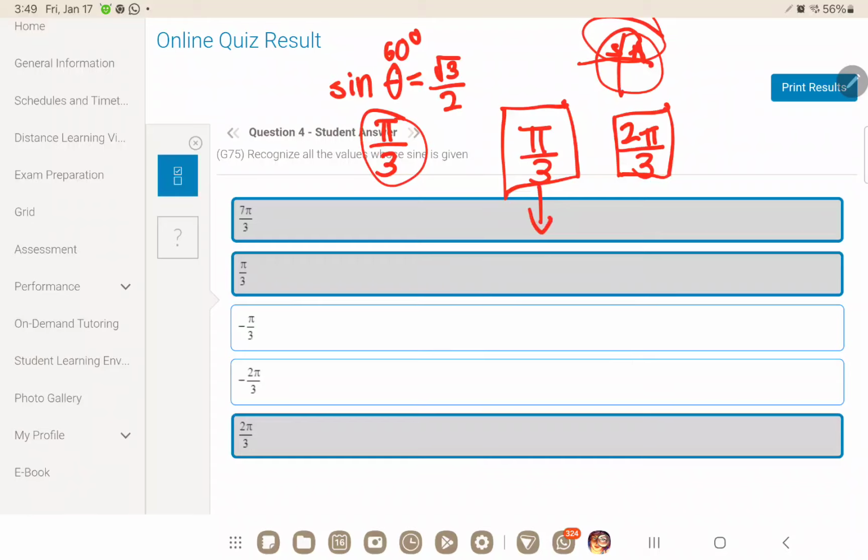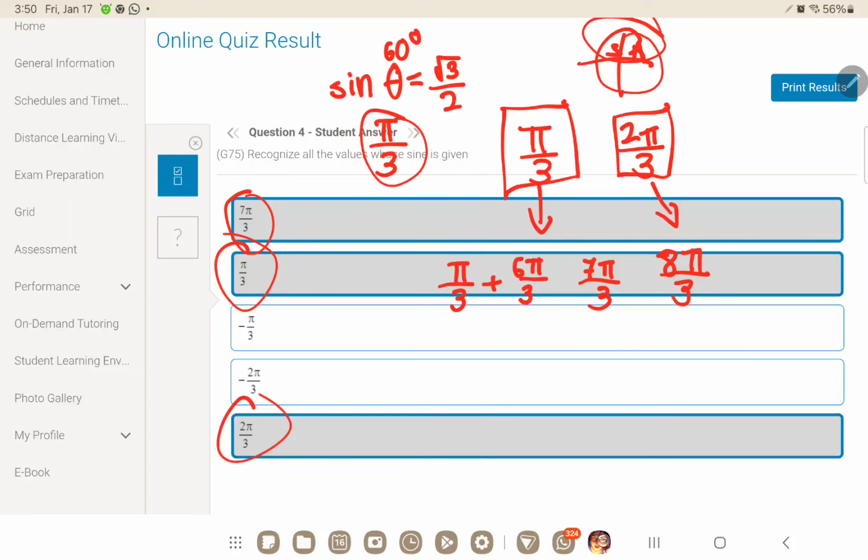Now from these two angles, you have to add 2 pi to them. So pi over 3 plus 2 pi, which is 6 pi over 3, is going to give us 7 pi over 3. That's one of your options. Then to 2 pi over 3, if you add 6 pi over 3, you're going to get 8 pi over 3, which is also another correct answer. They didn't put 8 pi over 3 in the options, but if it was, it would definitely be correct.